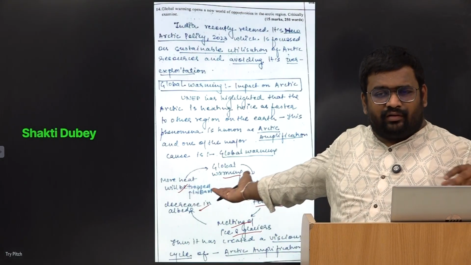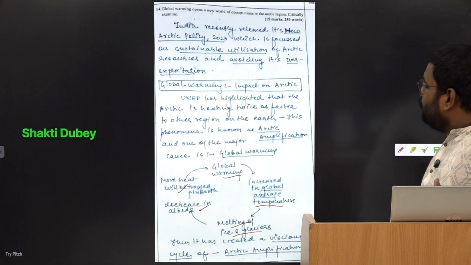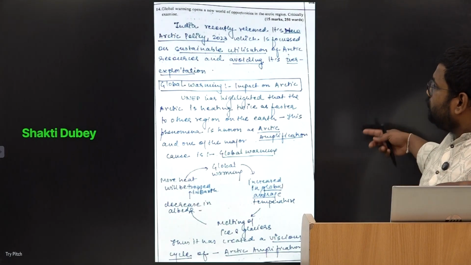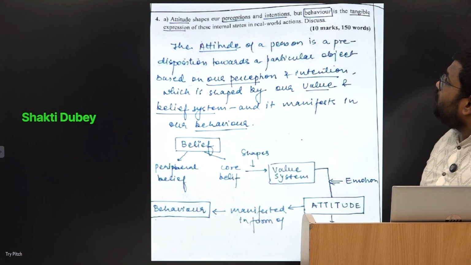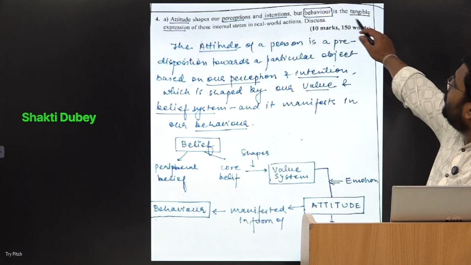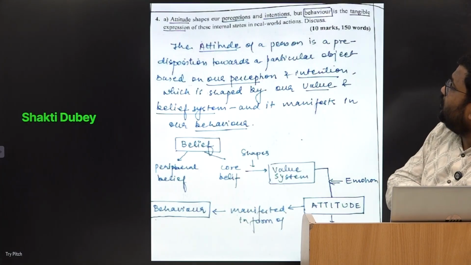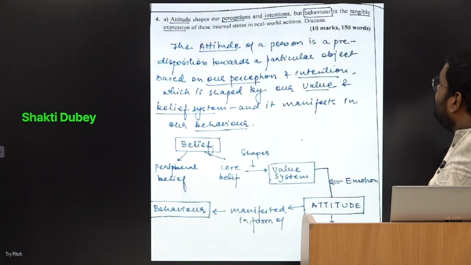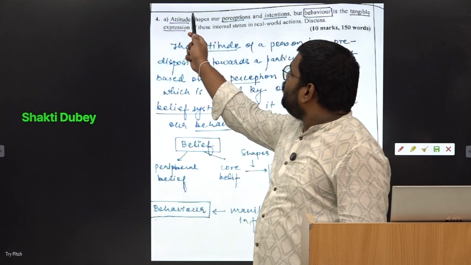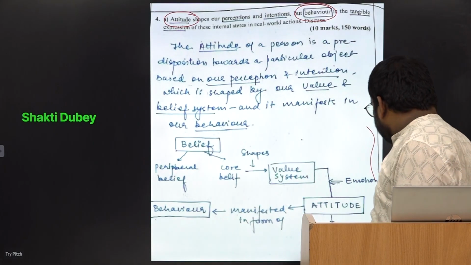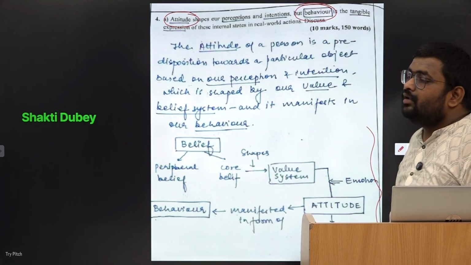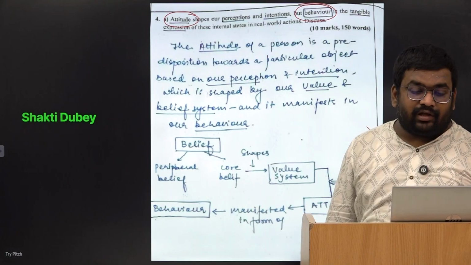Again, you can use a flowchart also for that. But again, Shakti Dubey: attitude shapes our perceptions and intentions, but behavior is the tangible expression of these internal states in real world actions. So basically, the question was on the relationship between attitude and behavior. She has used this flowchart to establish it.